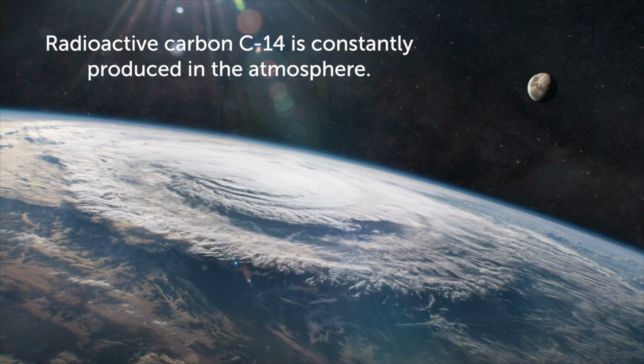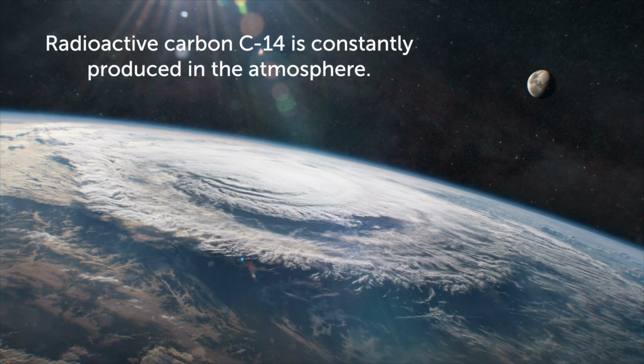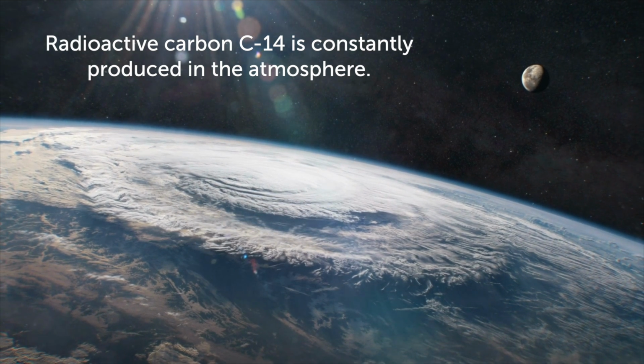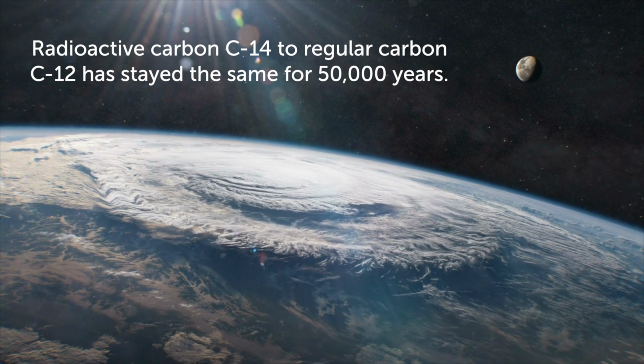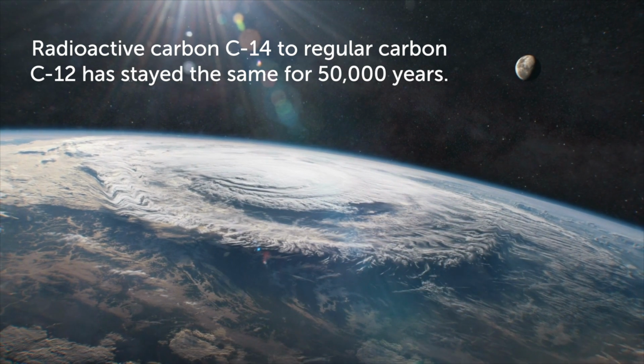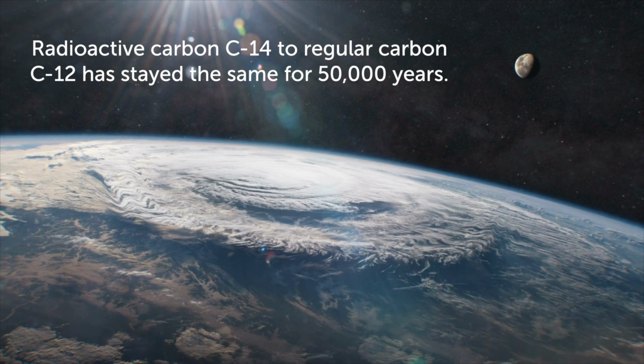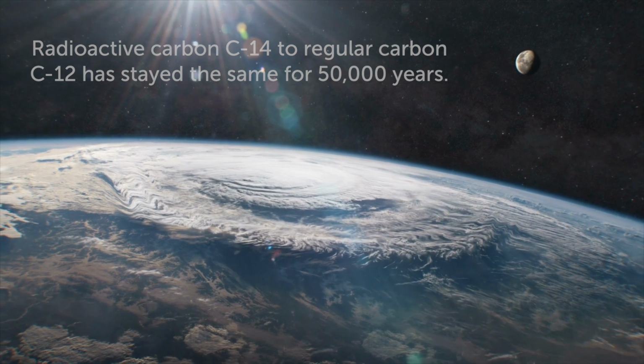Radioactive carbon, 14C, is constantly produced in the atmosphere, and evolutionists assume that the atmospheric ratio of radioactive carbon, 14C, to regular carbon, 12C, has stayed the same for 50,000 years. Well, this is unprovable, and it may be wrong. Among the reasons why this assumption may be false, it could be that God simply created the Earth with no radioactive carbon, 14C.